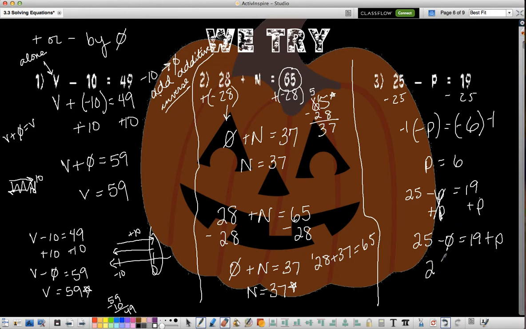So I have 25 by itself is equal to 19 plus p, but I want p to be all by itself. Well, now I have this nice addition equation, so I can subtract 19 from both sides, and I get 6 on this side is equal to 0 plus p, which I know is just p.